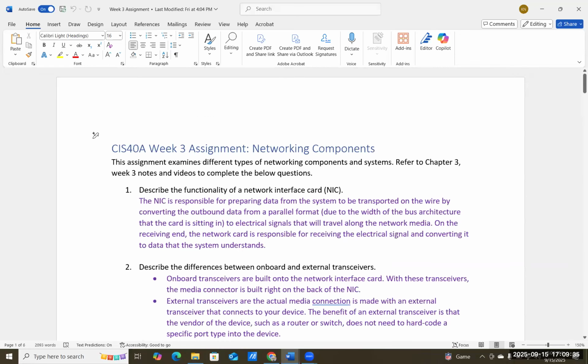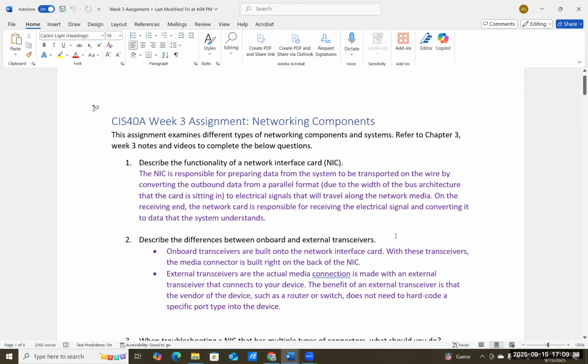Now for your assignments, you don't have to put it verbatim, you can summarize it. The functionality of a network interface card, or your NIC, is that it's responsible for preparing your data, like I said, large or small, whether you have a very large movie or an image or a small file, so that it can transport it.